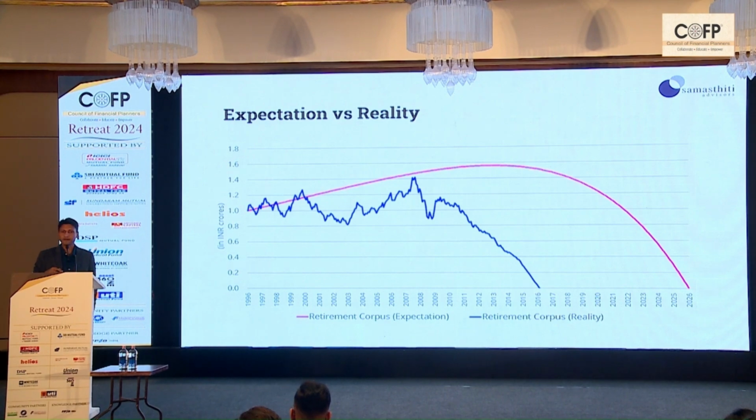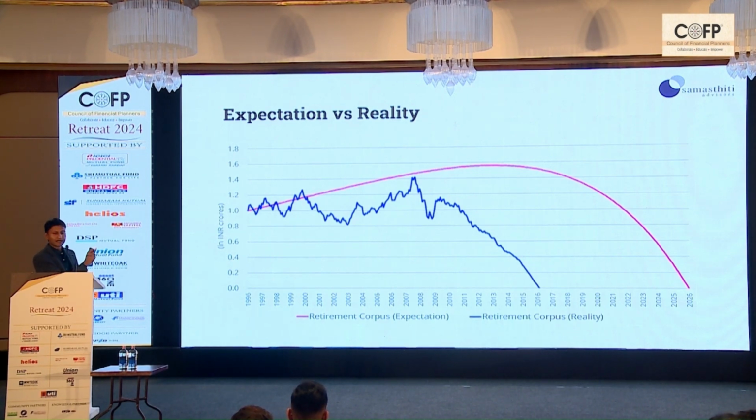And this is where, as planners, we wear our behavioral hat. After having done the math, we tell the client that equity is a volatile asset class. You have to hang in, don't worry, markets will recover and your retirement corpus will again go back to its expected value. And Maya tells this to Shalini, and that is exactly what happens, right?